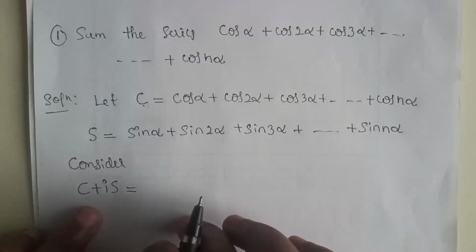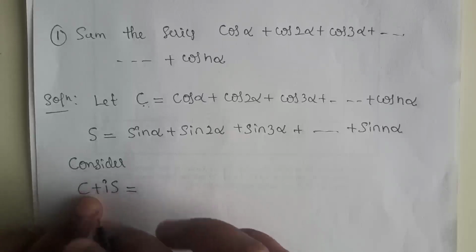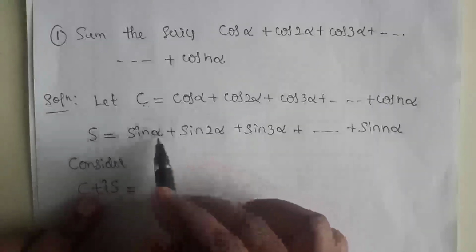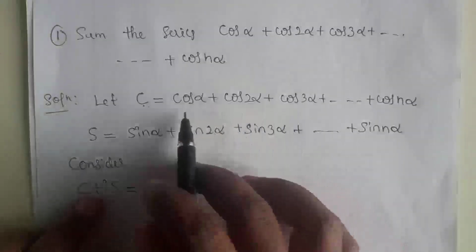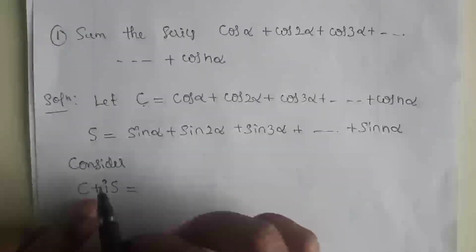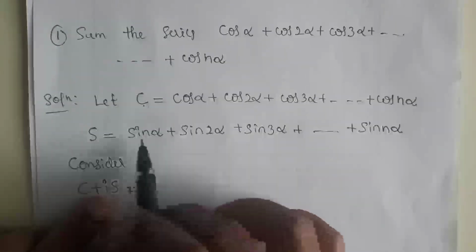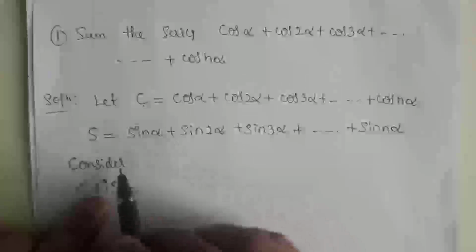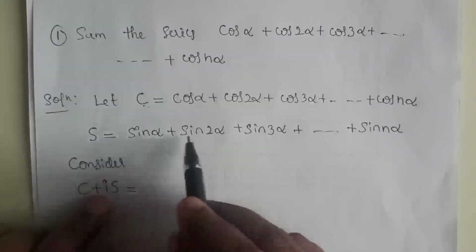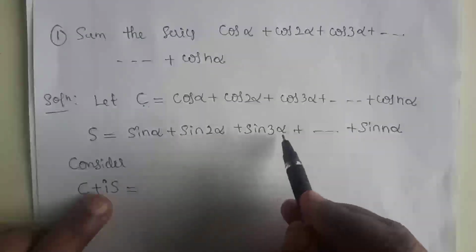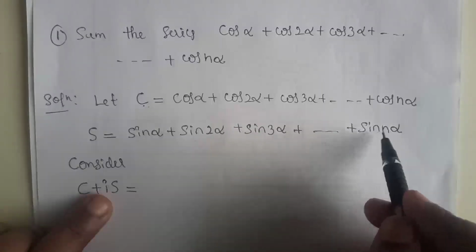Now we directly sum the terms with the same angles, the cos function and the sine function. First we multiply this i with the sine series. On multiplying we get i sin alpha, i sin 2 alpha, i sin 3 alpha and up to i sin n alpha.